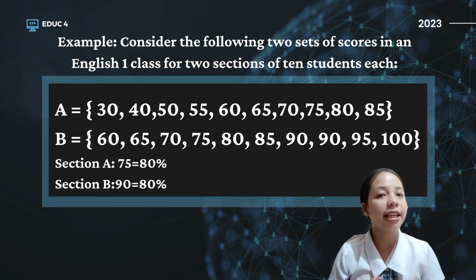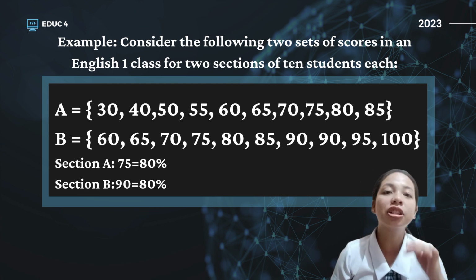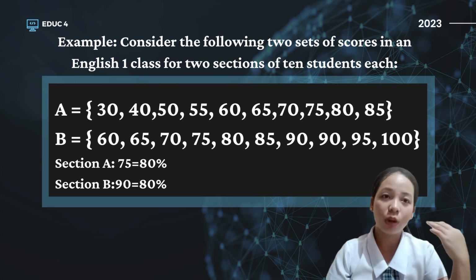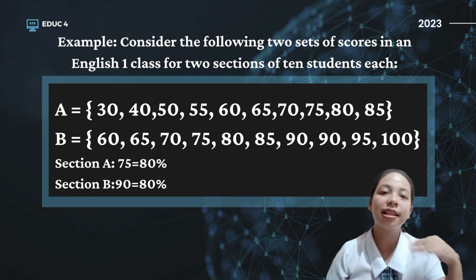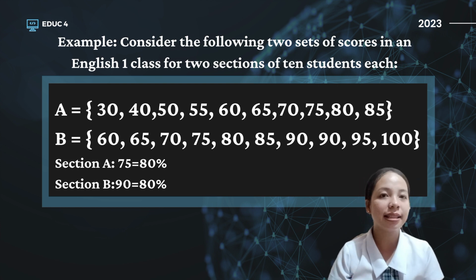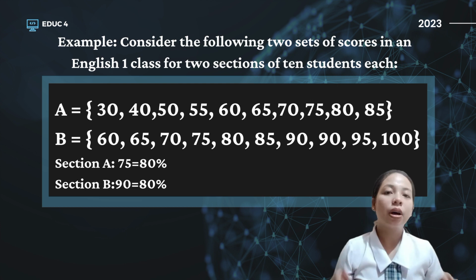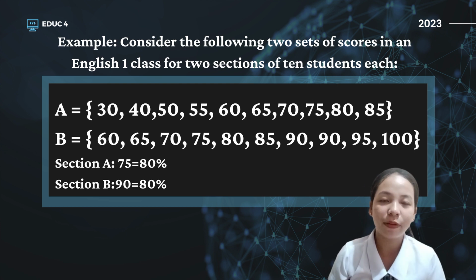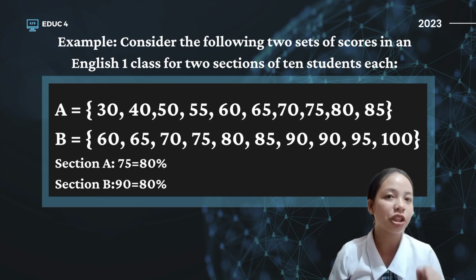So in section A, the highest score that passes is 75, which means it goes beyond 80%. And in section B, 90. And the same as section A, the percentage is also 80%. So that means that the passing rate is 80%, both in section A and section B.